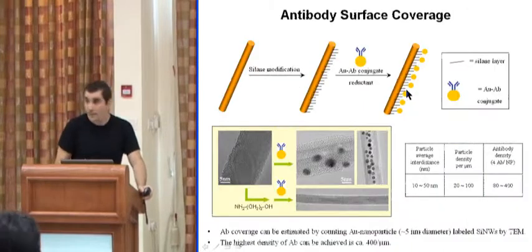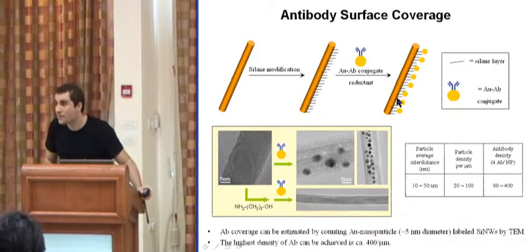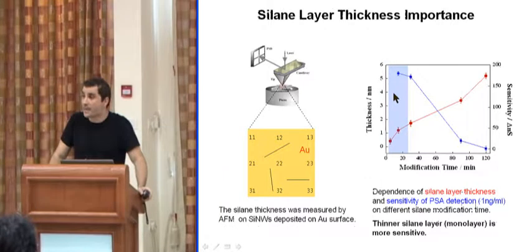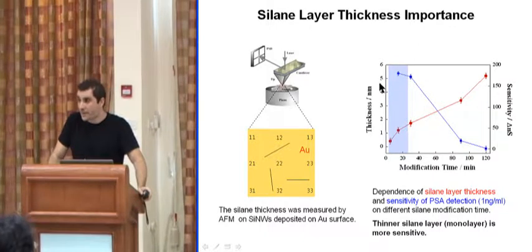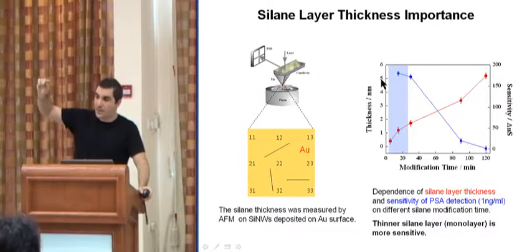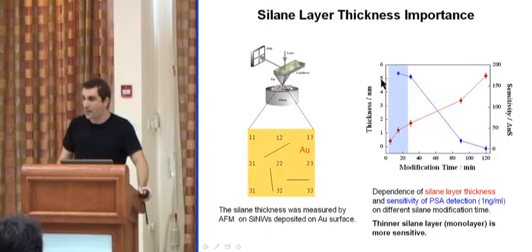What is the thickness of one layer of silane? It depends on the silane. If you use APTES, in this case, this is approximately half a nanometer, more or less. So it will be like silane, silicon, then you have CH2, CH2, CH2, aldehyde.